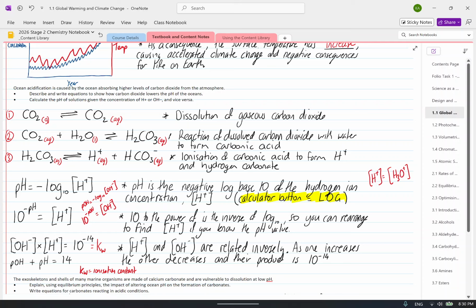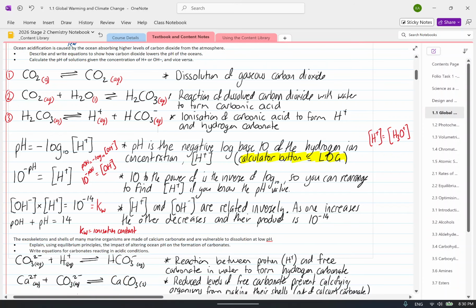Now, these next mathematical equations describe the relationship between the pH of a solution and the concentration of our hydrogen ions.